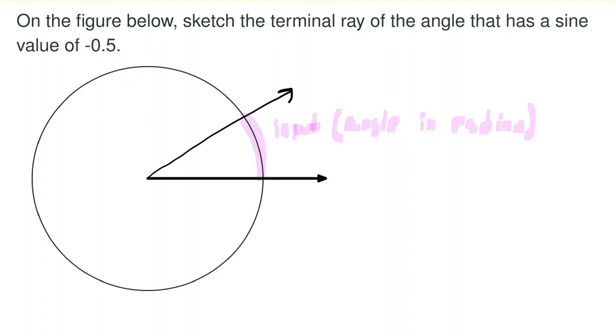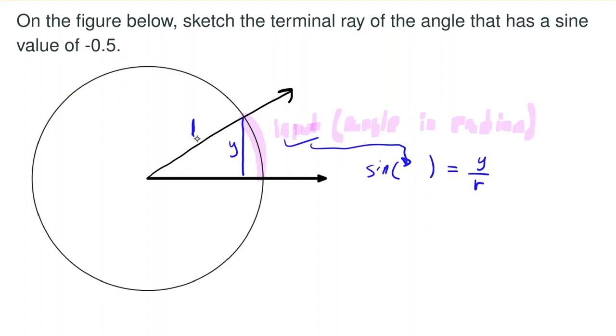And what does sine represent? Let's say this length is y, and let's say this radius is 1. Sine of this input represents y over the radius length.